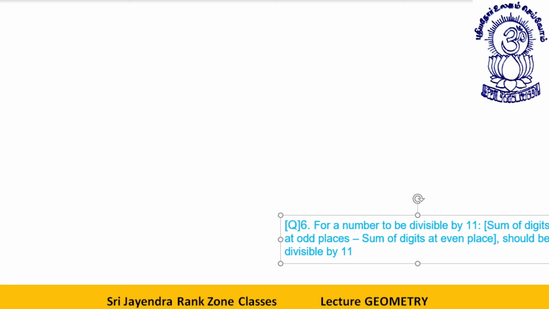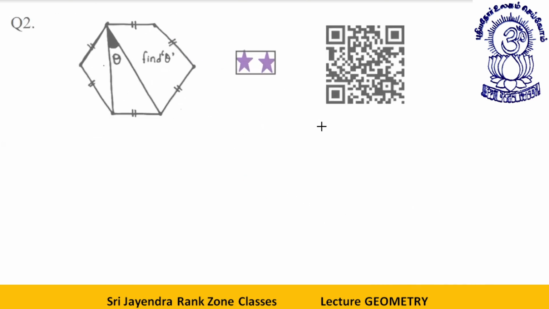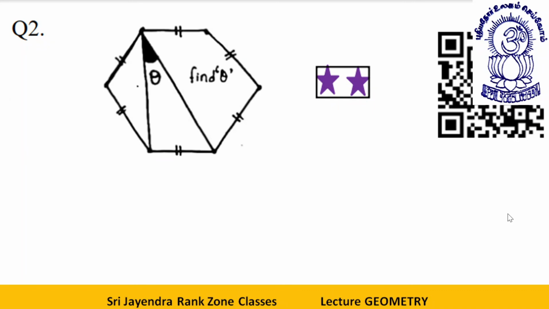Let me take more questions for you. We have this angle. We have to find this angle theta. 1, 2, 3, 4, 5, 6. This is a hexagon. Now what will happen, dear students? See, this is the center.